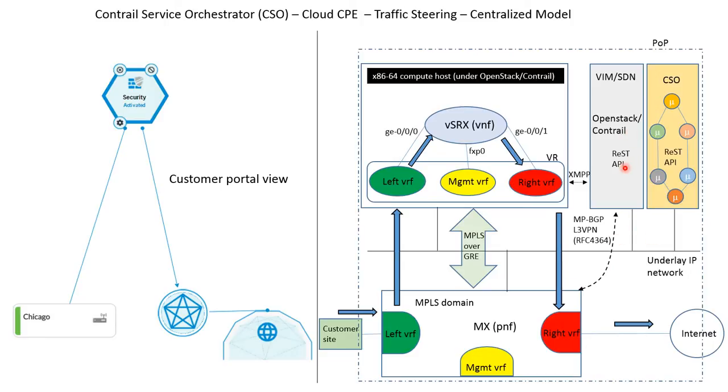And then these routes will be propagated internally to the entity that is called the virtual router that lives in the hypervisor of the compute host, which is the forwarding component of the Contrail solution. So what we have here is an off-the-shelf x86-64 compute server, basically a 64-bit architecture computer or server.